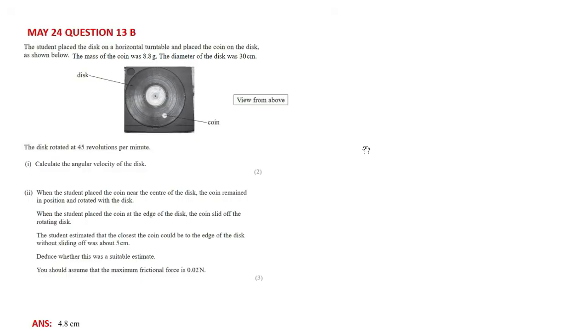So the students did not have problems with part 1. Most of the students had problems with part 2. So let's first figure out part 1, because I'll be needing this value in the second part, right? So 45 revolutions per minute. You can work this way: per minute as in 60 seconds. In 60 seconds, it undergoes 45 revolutions.